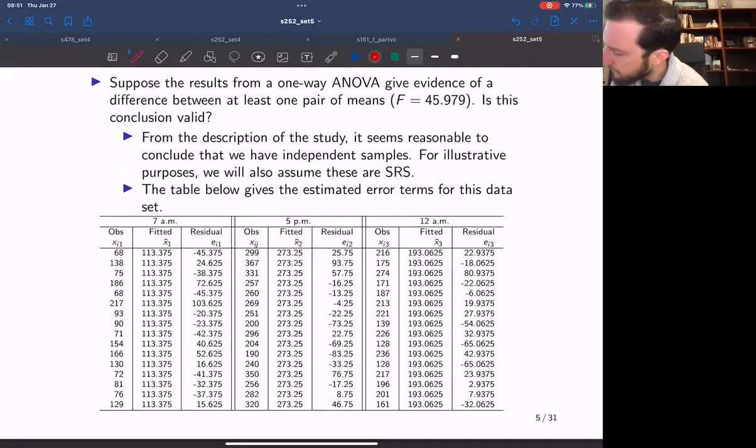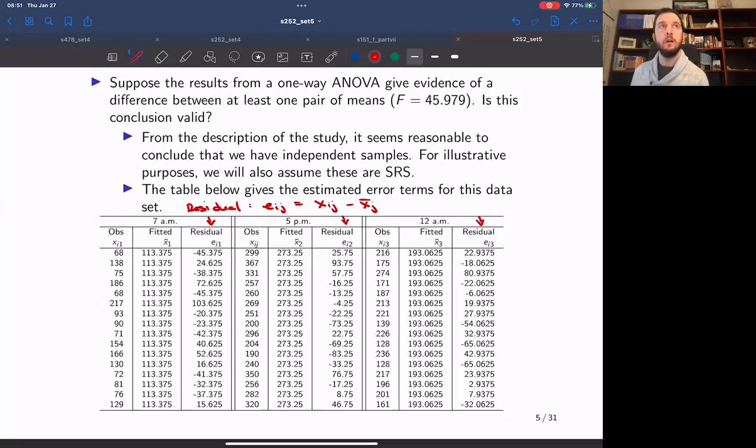Recall, first of all, that the residual e_ij equals x_ij minus x bar_j. So in the third column for each group, we are simply taking the observed value and subtracting the sample mean to get the residual.